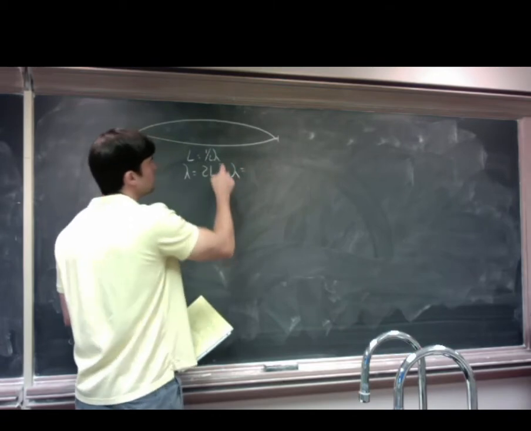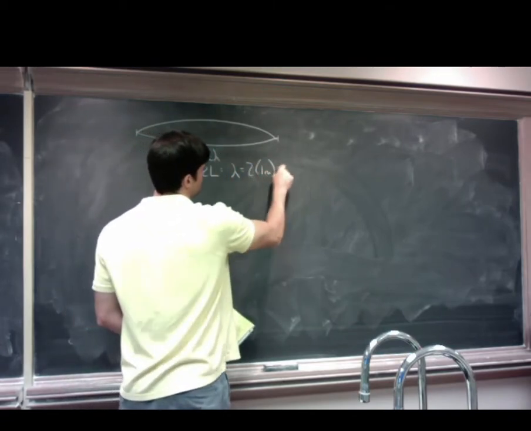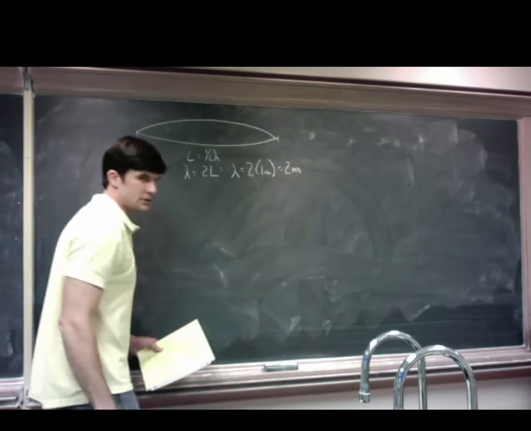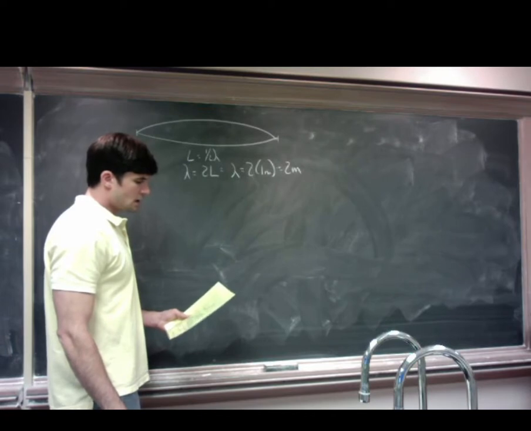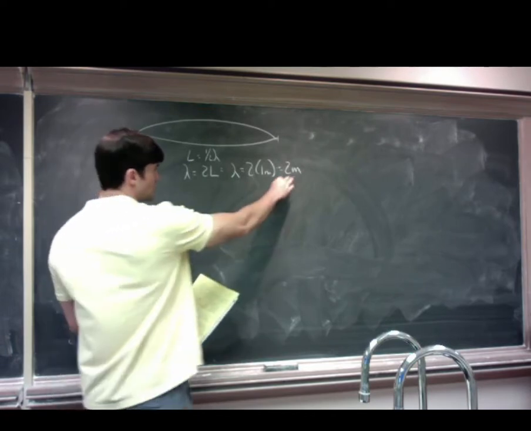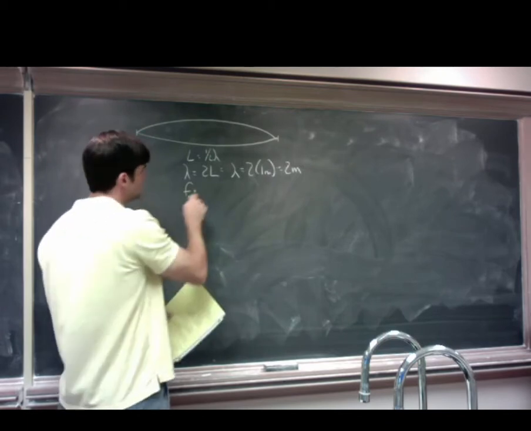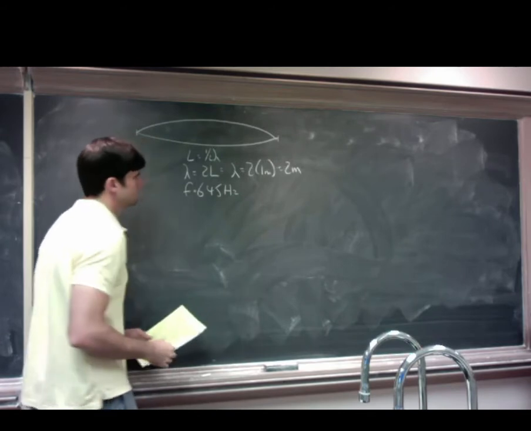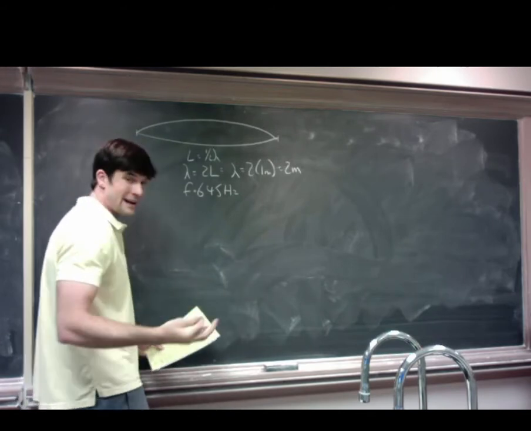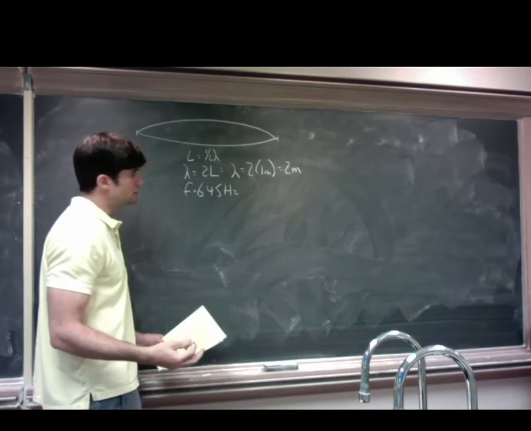So the wavelength of the wave on the string is 2 meters. So that gives us the wavelength. We know the frequency that we want is 645 hertz.